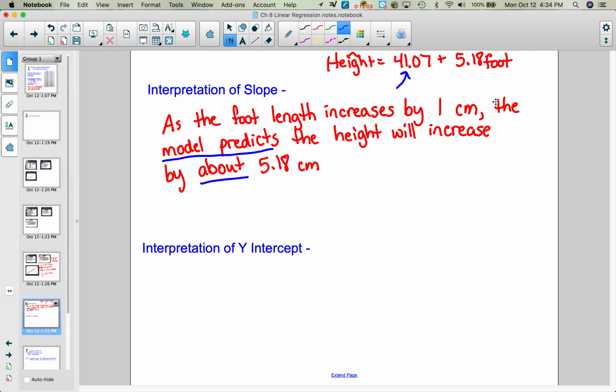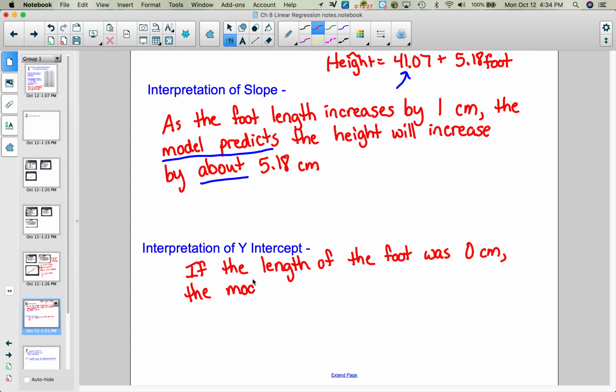You let x equal 0 and you solve for y. So this would be saying, if the length of the foot was 0 centimeters, which obviously makes no sense, the model predicts the height to be about 41.07 centimeters.